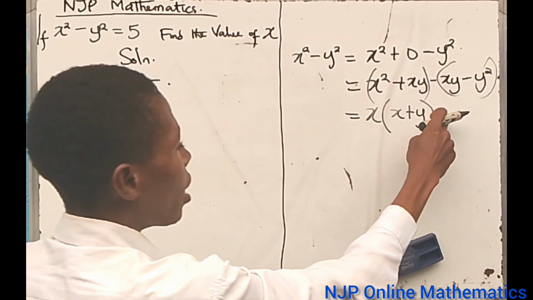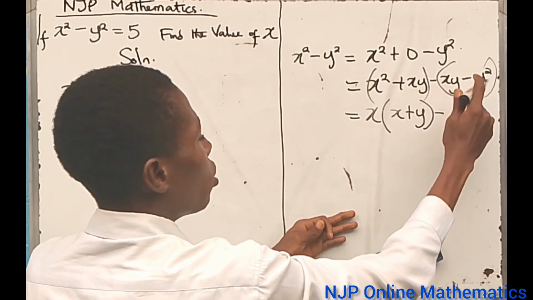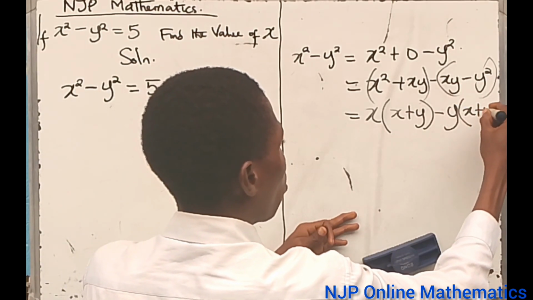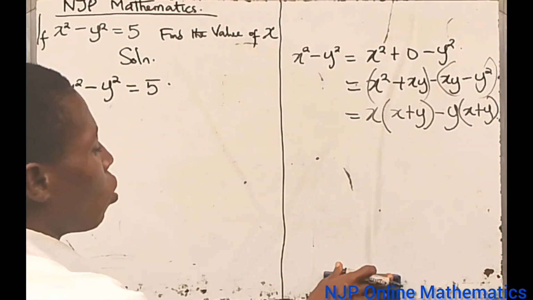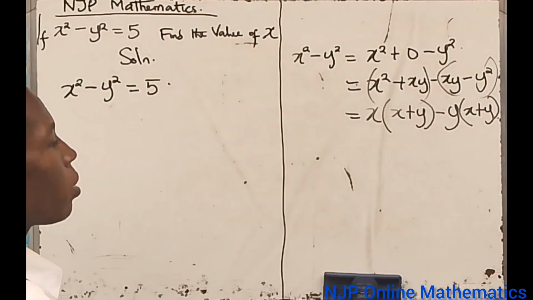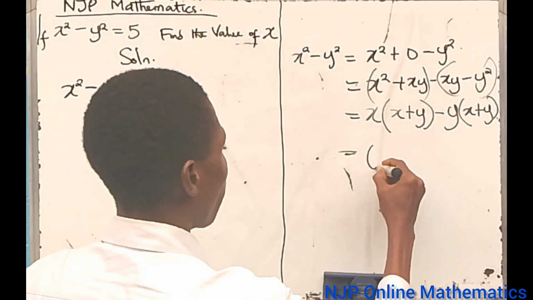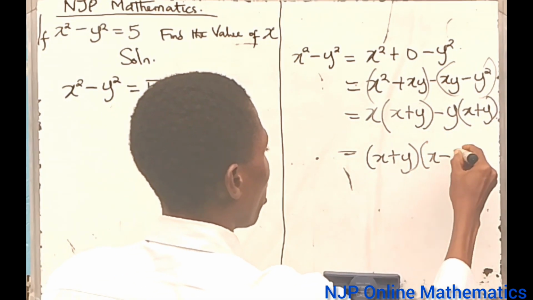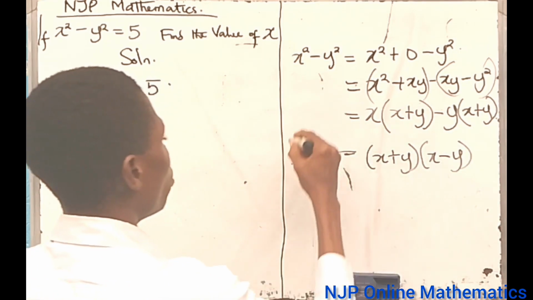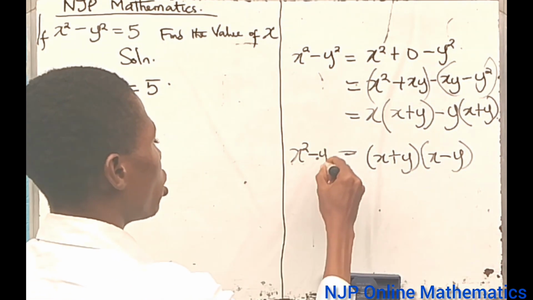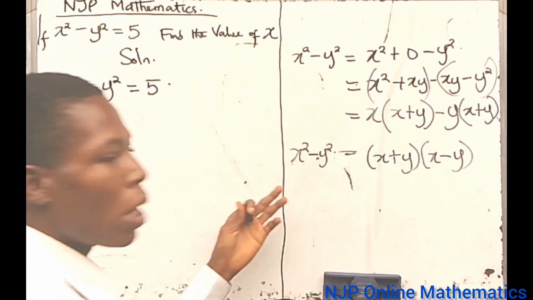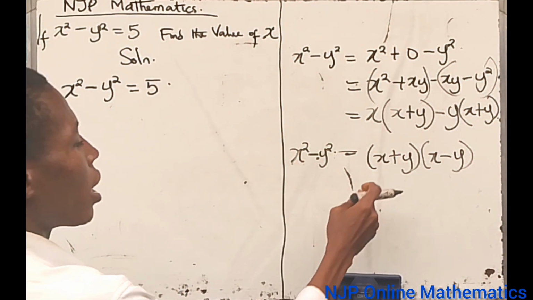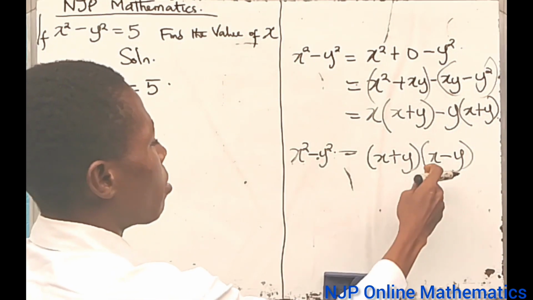So we bring down the sign, take the common factor here, which is y, and what is left there is x plus y. So from the factorization method, this can be written as x plus y times x minus y. So the relation for the difference of 2 squares, where we are using x and y as the variables, can also be written as x plus y multiplying x minus y.